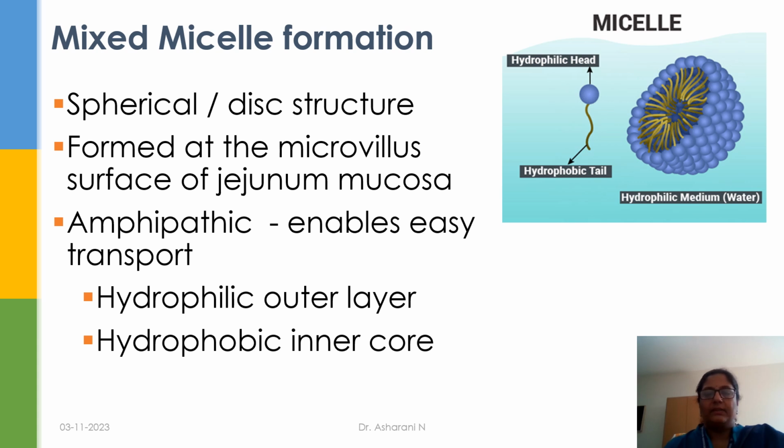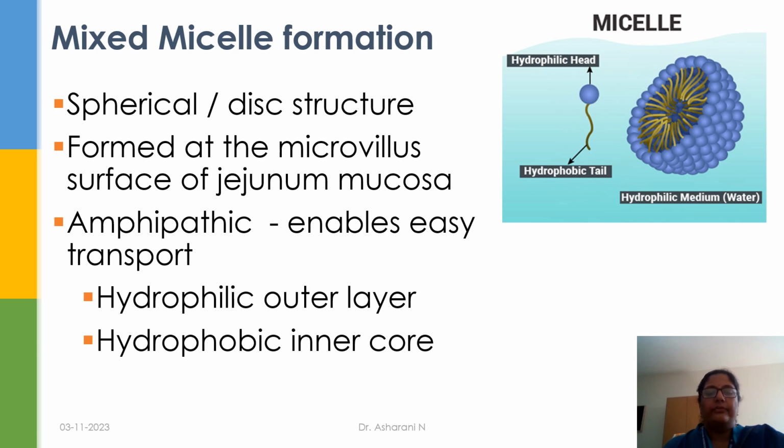So we have seen in the steps of lipid absorption, mixed micelle formation is the first step. A micellar structure is a spiral or a disc structure which is formed at the microvillus surface of the jejunum mucosa, and they are amphipathic in nature, which will enable easy transport. They are made up of an outer layer which is hydrophilic and an inner core which is hydrophobic.